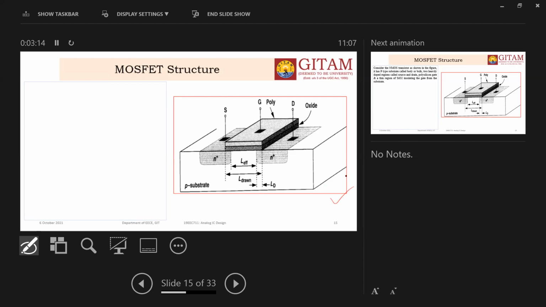One acts as a source and the other as a drain. Then a polysilicon gate is considered. Between the substrate and the polysilicon gate there must be silicon dioxide, the insulator, which also acts as the dielectric.